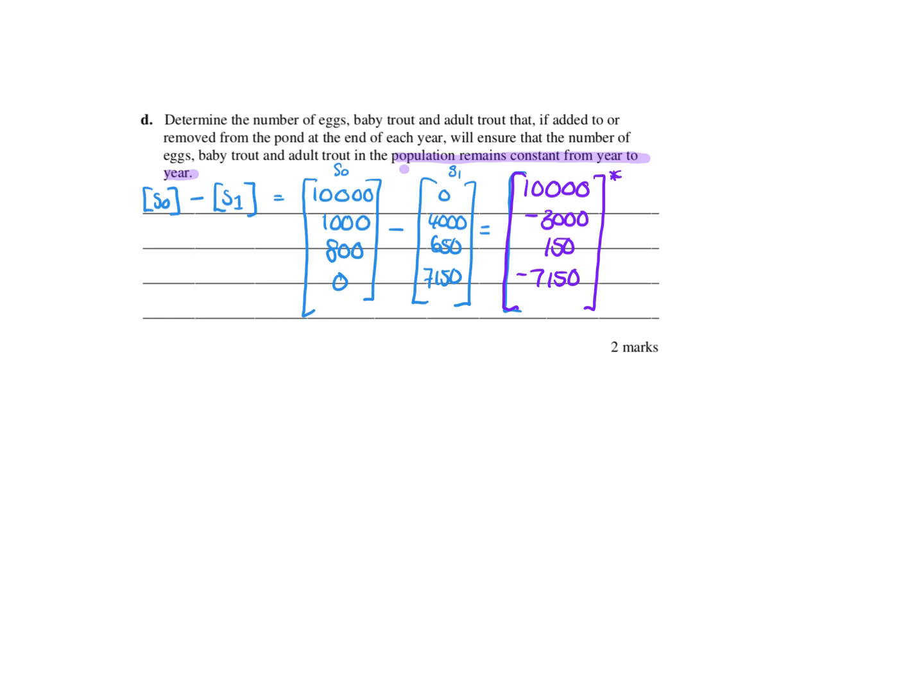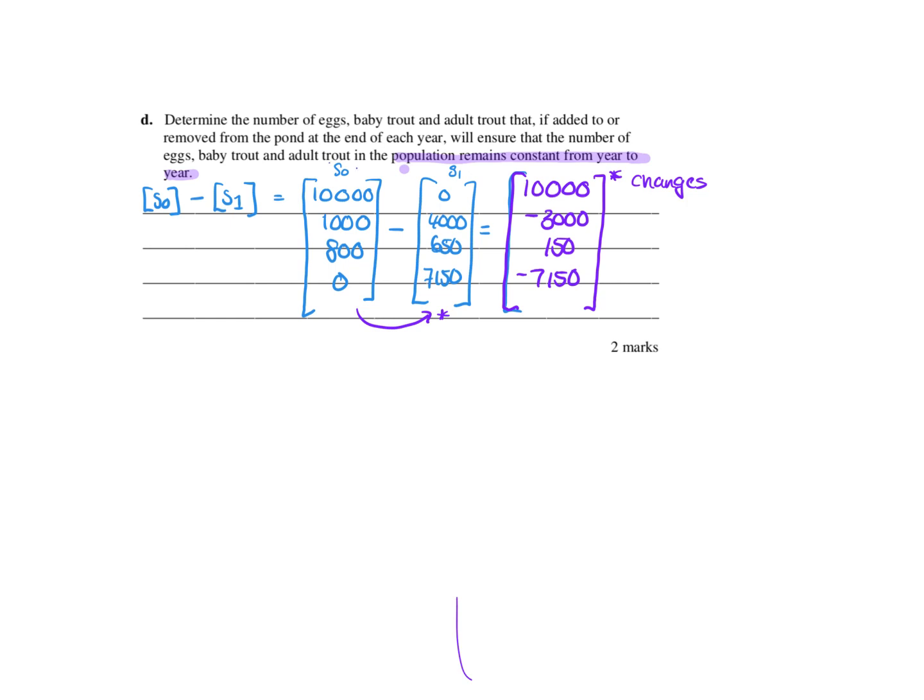So there was 10,000 eggs. We didn't have any eggs, so there's 10,000 eggs. We lost 3,000, we only have negative 3,000 babies, and 150 adults. So this is S1. So when we went there, these are the changes that would have occurred.